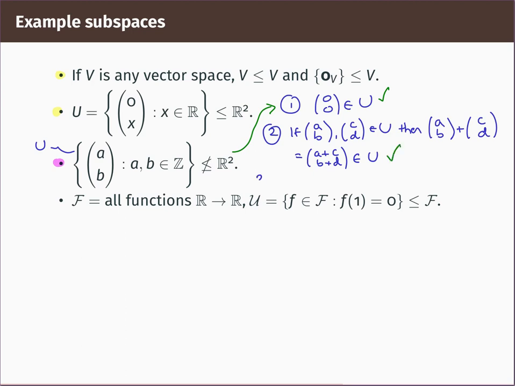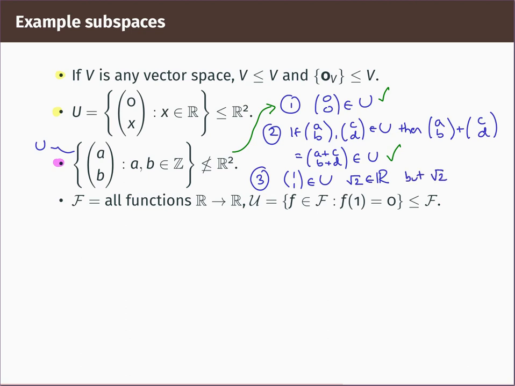The problem comes with condition 3. U is not closed under scalar multiplication. For example, (1, 1) is in U. Root 2 is a legitimate scalar, an element of the real numbers.